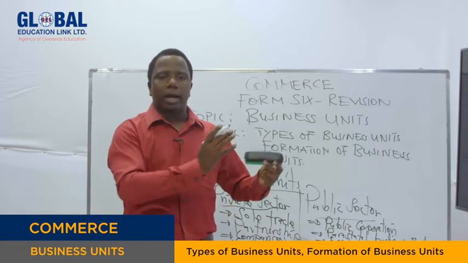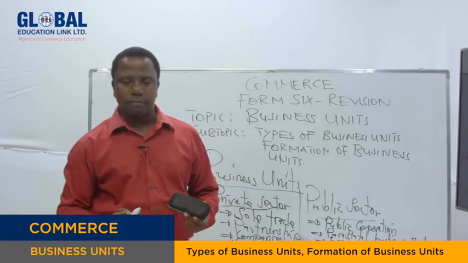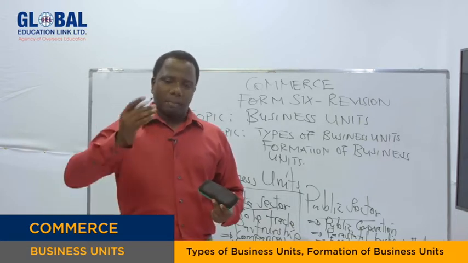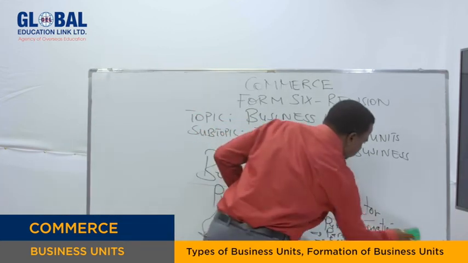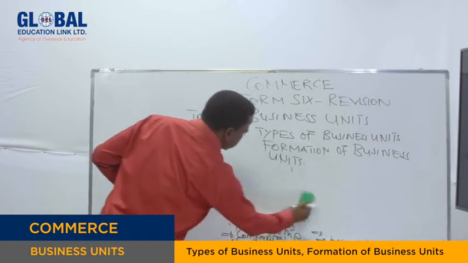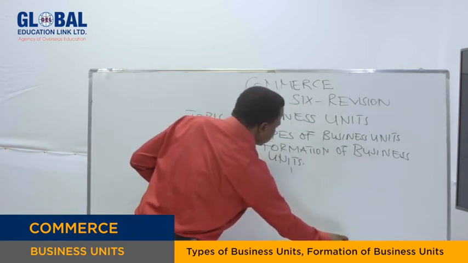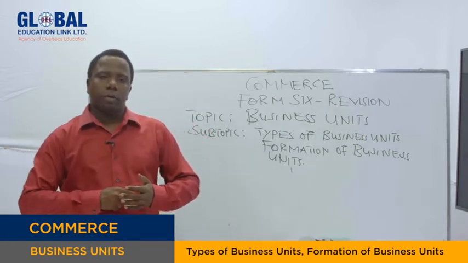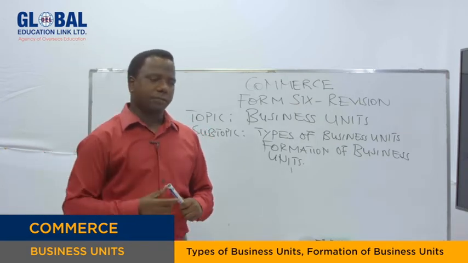But those under public sector are owned by the government, or the main part of these is owned by the government. So the main parts which we'll cover for this lesson are as follows.